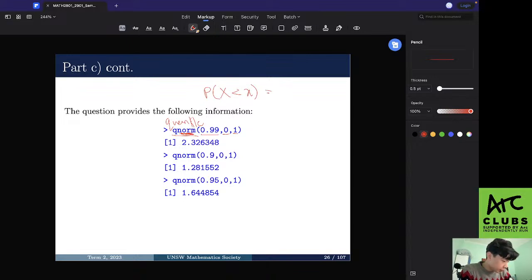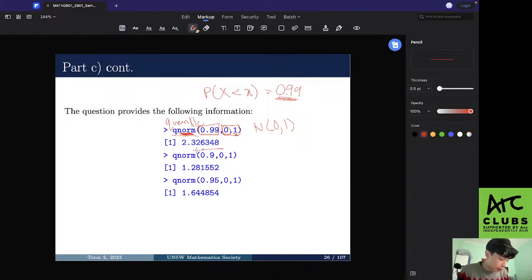This being equal to 0.99 in this case, right? So this represents the actual probability that we want, which is 0.99. Then the 0 represents that this normal distribution has a mean of 0, and this 1 means that this normal distribution has a standard deviation of 1. So these are the parameters of our normal distribution.